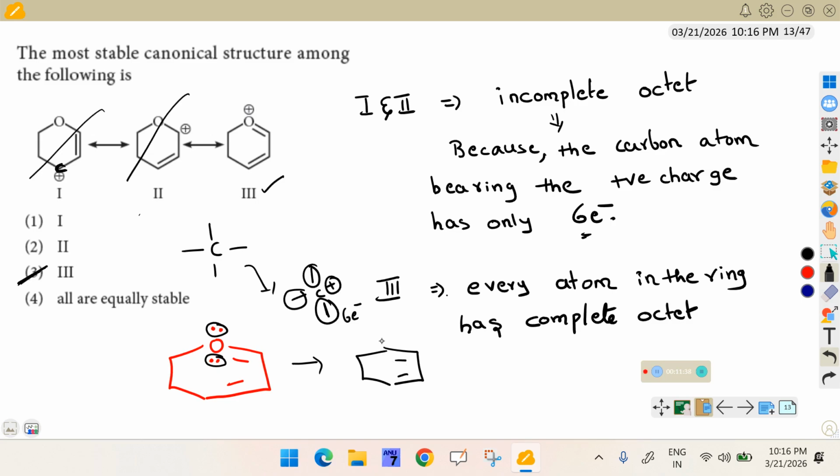Then around the oxygen atom, 3 bonds and one pair of electrons are present. So in total, 4 pairs of electrons, which means 8 electrons are present. It follows the octet. So the third structure is the most stable structure.